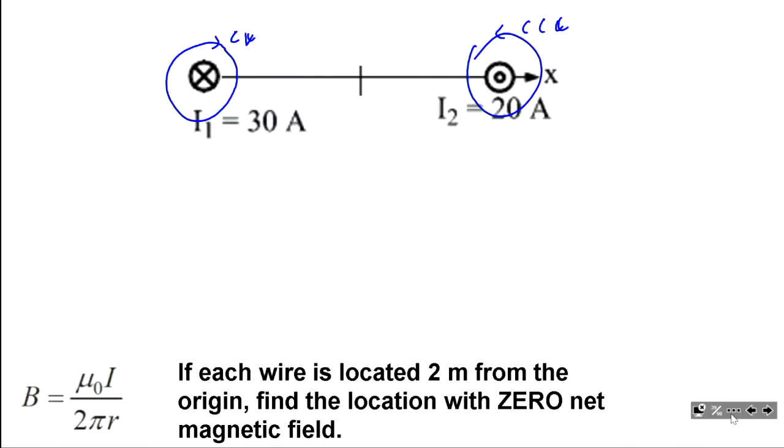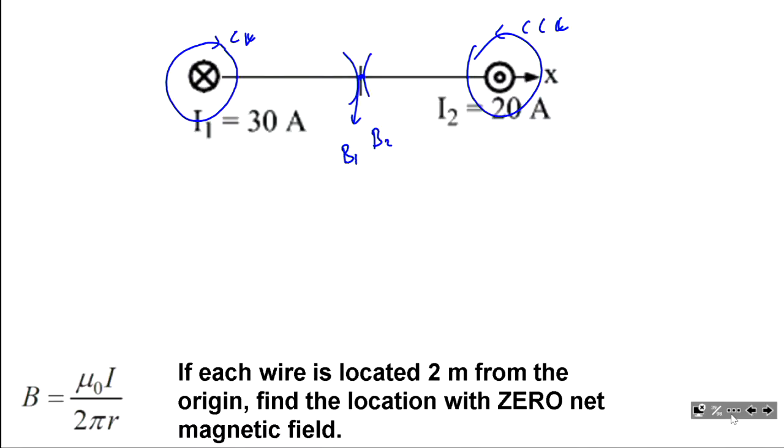So let's see, for example, what's going to happen in the middle. Right here, magnetic field number 1 should point straight down, but magnetic field number 2 should also point straight down. So it will be impossible to make the net field equal to 0 at that location or anywhere between.